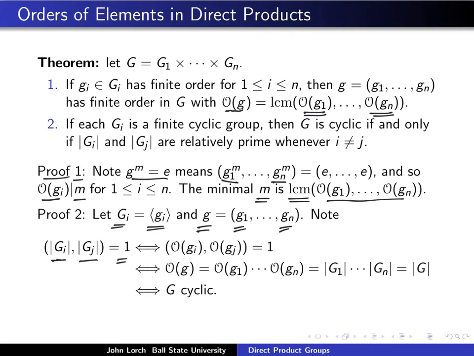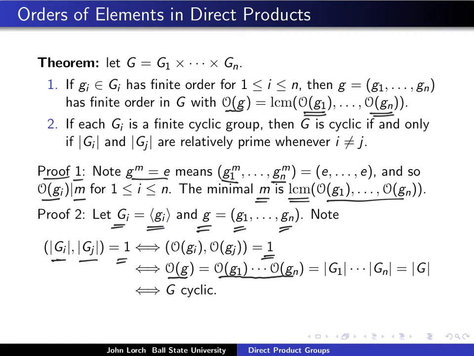Well, since each of those are cyclic groups, that means that the orders of the generators are relatively prime, which means that if I now take the order of this little g and apply part 1 of the theorem, I'm supposed to take the least common multiple of all of these individual orders. But remember, all of the individual orders are relatively prime, and that means that the least common multiple is just the product of all of them together.